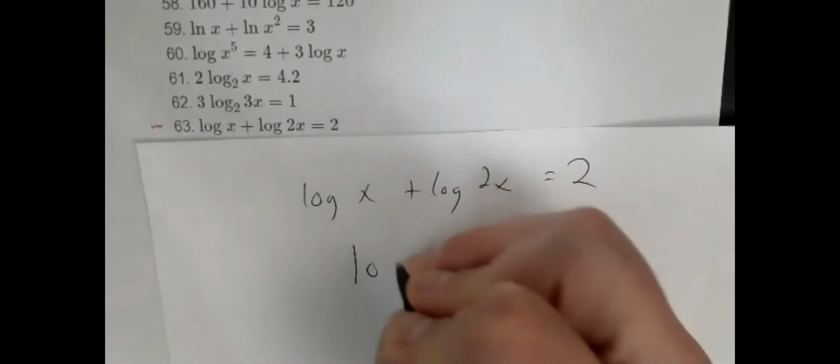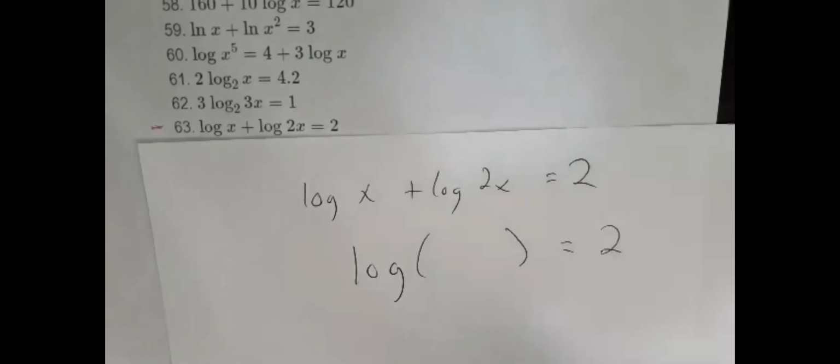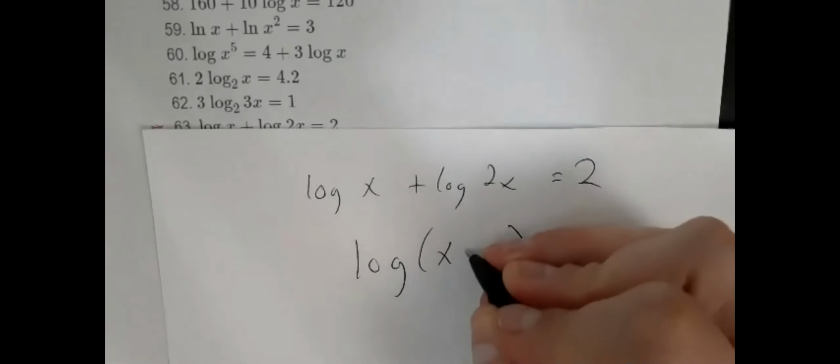So we're going to combine them into a single log. Oh, okay, log of 3x? Be careful now, would that be it? It's addition on the outside. What's the operation when we put it into one log? Multiplication. Yeah, so we're multiplying x and what? 2x.